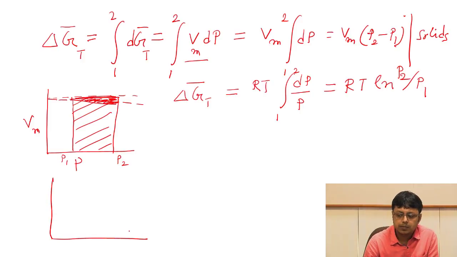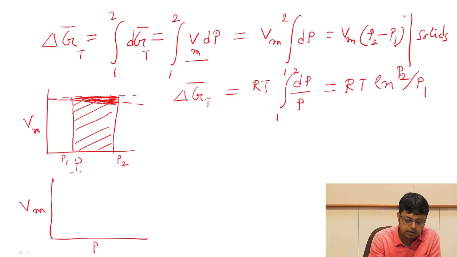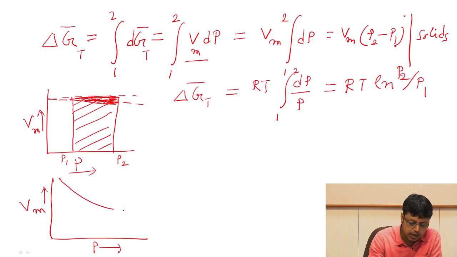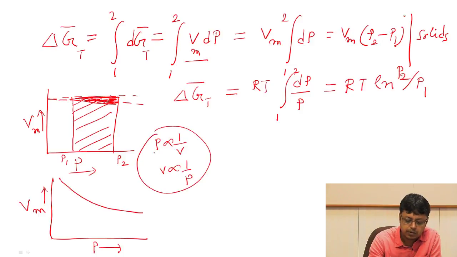And how will the curve look like? It's a logarithmic plot, and you know how the PV diagram looks like, but instead of PV we are drawing here a VP diagram. Keep that in mind. And then we have it like this, because according to Boyle's law, P is proportional to 1/V, or we could write V proportional to 1/P.